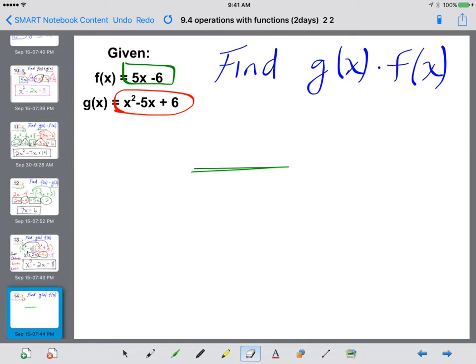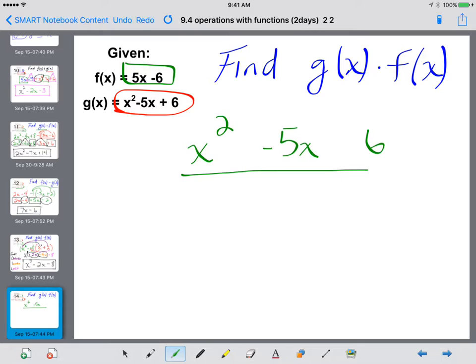Okay, something happened with the iPad here, hang on. I'm going to place g of x on top. I'm going to have x squared, leave space, I'll put a negative 5x and a positive 6. I need to extend it. And then I'm going to draw little columns surrounding each term.